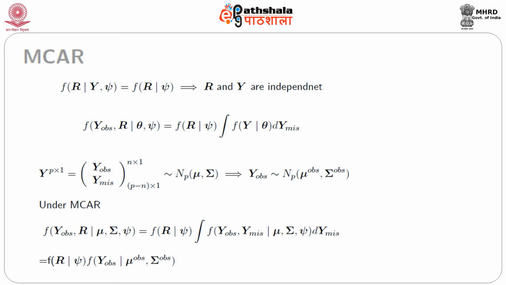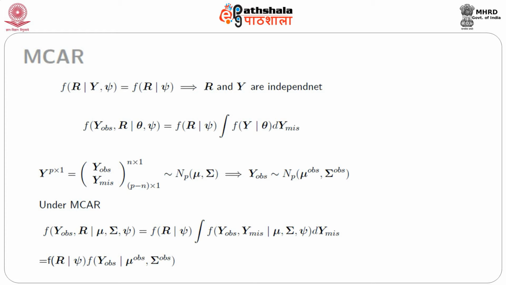So under MCAR, the maximum of f of y observed, r over mu, sigma and psi is nothing but the maximum over mu, sigma of f of y observed given mu observed and sigma observed.